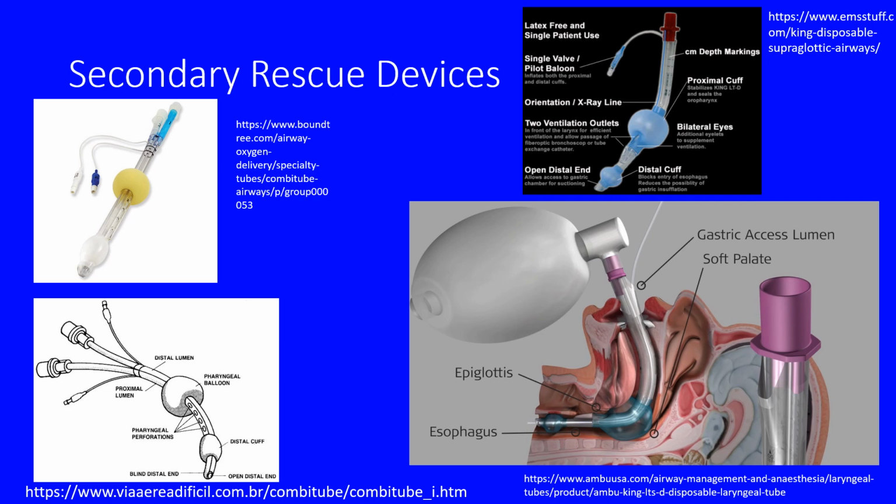Combitubes provide a secure airway when placed correctly, allow for the decompression of the stomach, you can insert them blindly, and they allow for high ventilatory pressures of up to 50 centimeters of water, again, when placed proficiently. There are various types of bougies which can assist you with intubation, such as the lighted stylet and the gum elastic bougie.